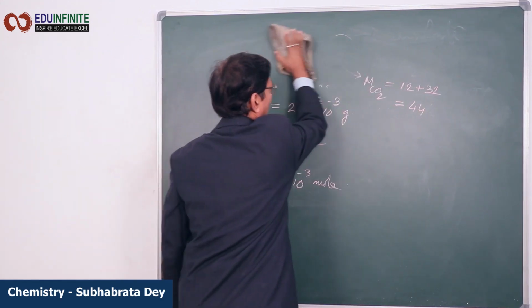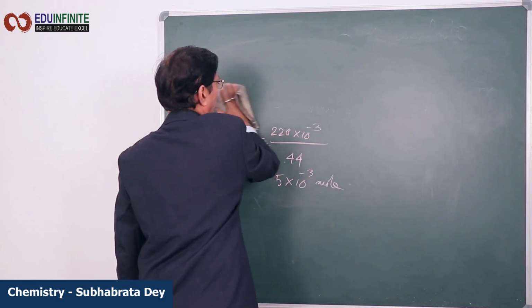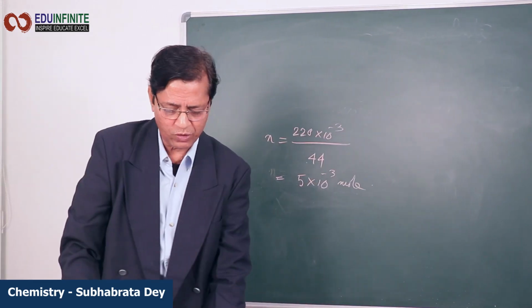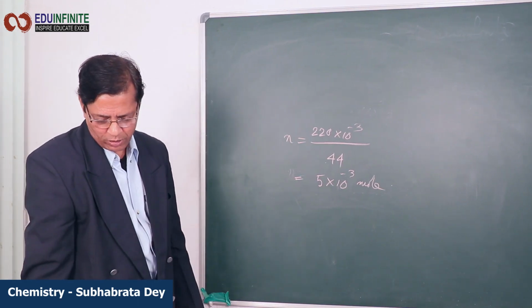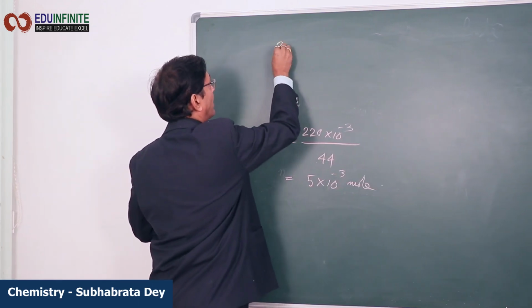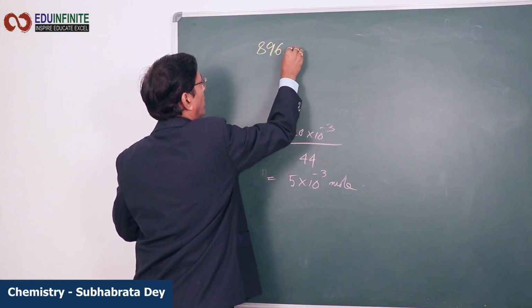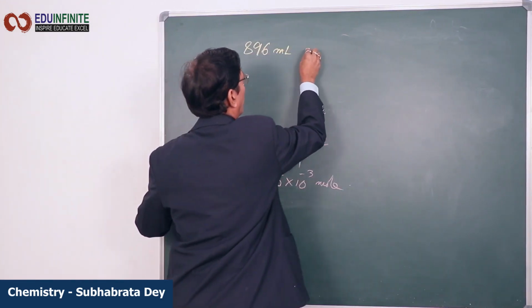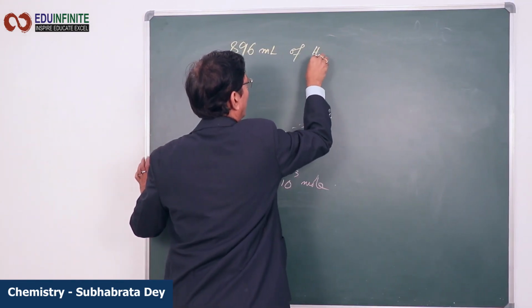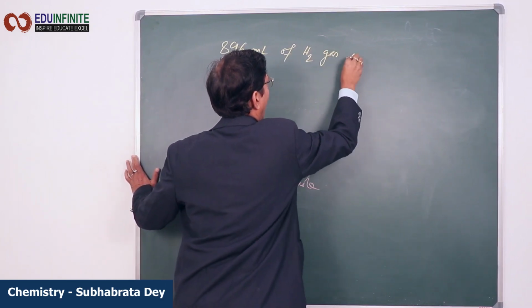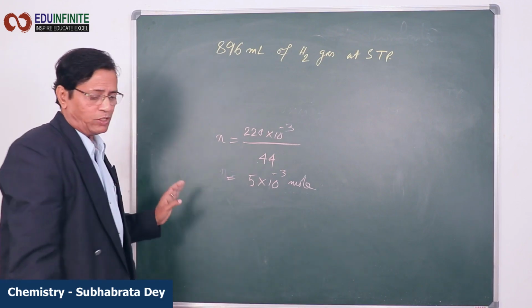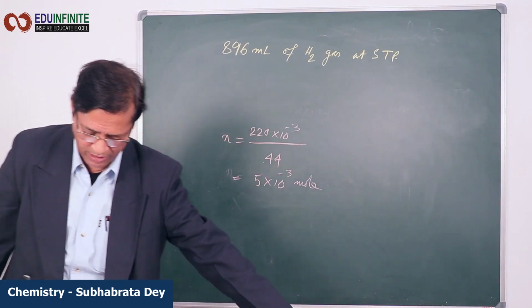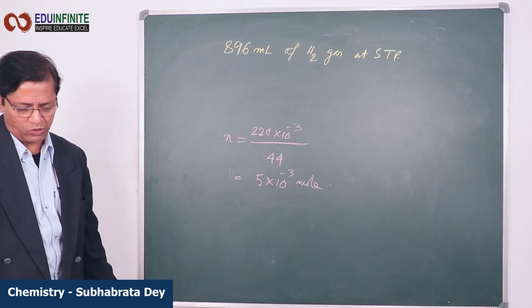Third case, when the volume of a gas is given, how can we apply it there? Suppose the question is: 896 milliliter of hydrogen gas at STP is given.